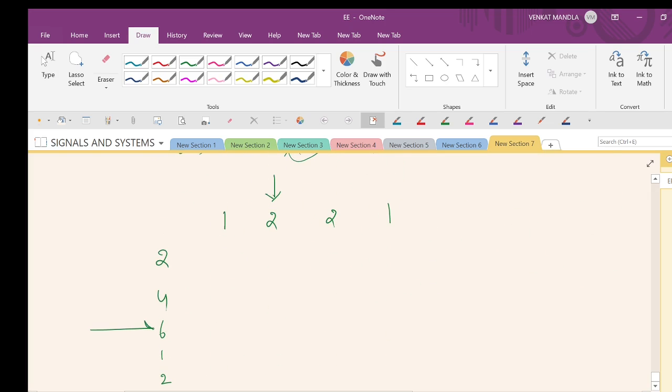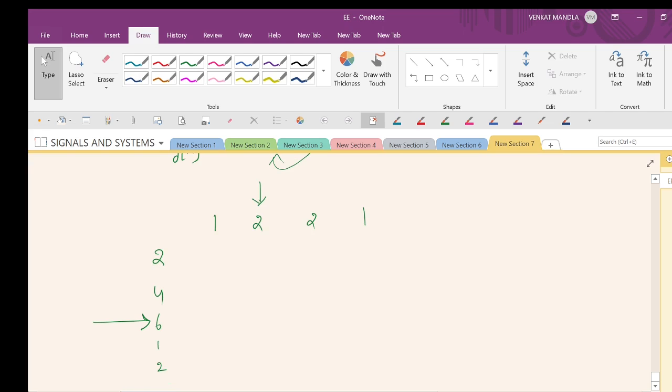This is the starting point. Okay. Next, the tabular method.